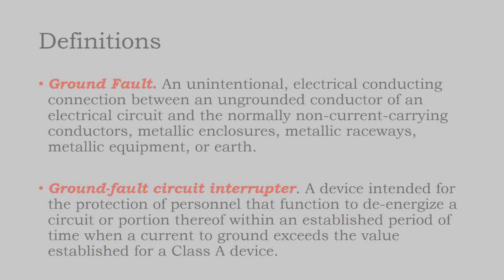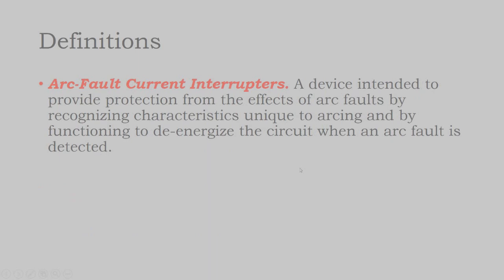And so we have a ground fault circuit interrupter that can detect when a ground fault is occurring and then lift the breaker up in the service panel, de-energize the equipment, and interrupt the ground fault.